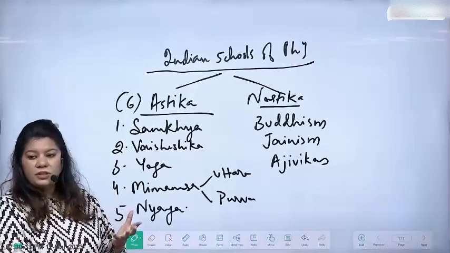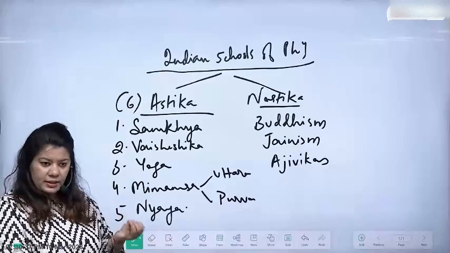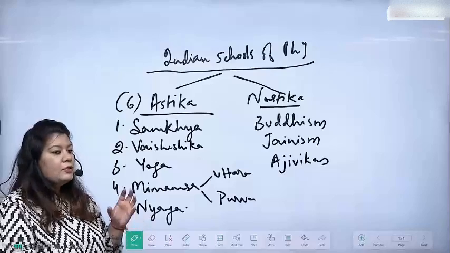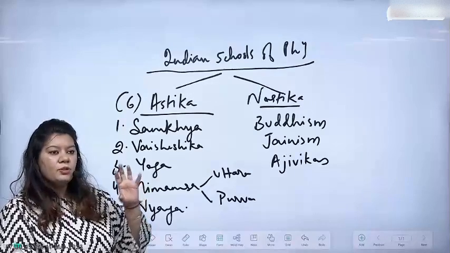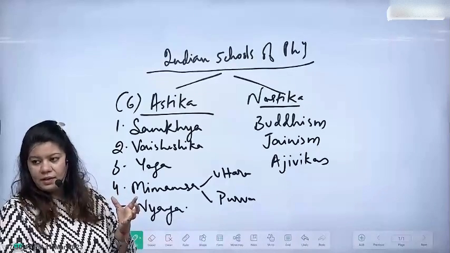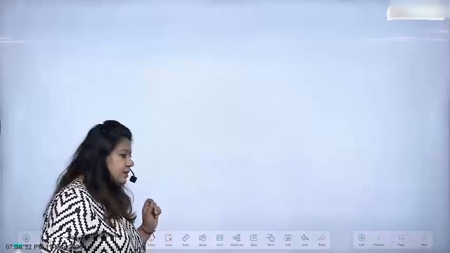And who were those acharyas? Like Madhavacharya, Vallabhacharya, Adi Shankaracharya, Ramanujacharya, right? They talk about certain commonalities, and you have to do this topic from that perspective, which I am going to tell you.